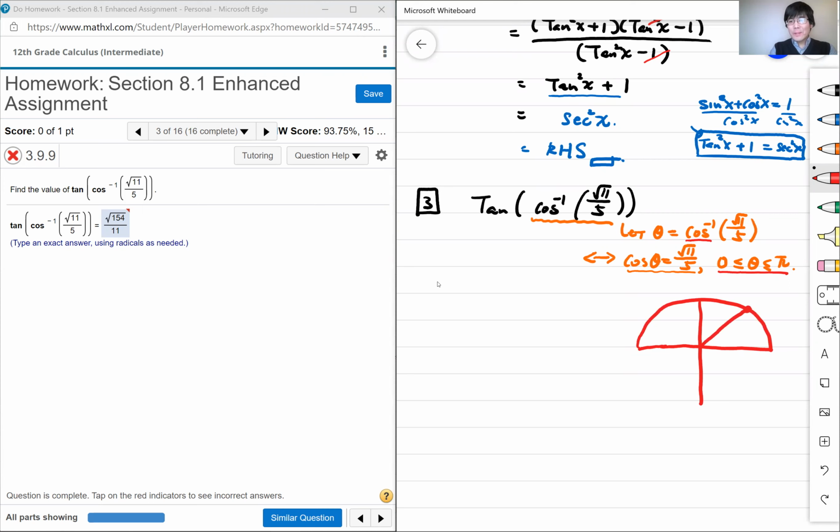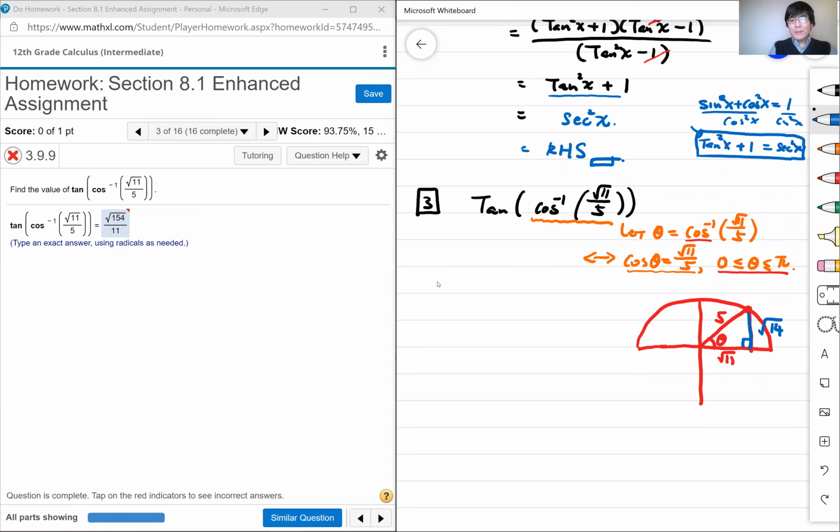Okay. And the denominator indicates the hypotenuse, and the numerator is the x coordinate. So using the Pythagorean theorem on this right triangle, you get the y value is equal to square root of 14.